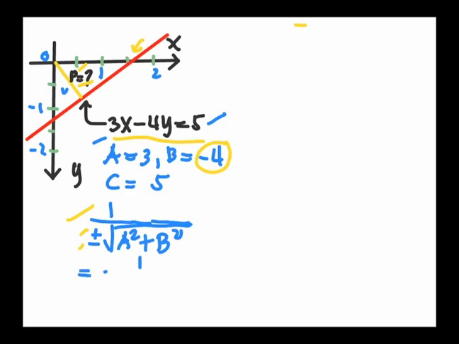So that, substituting the values of a and b, this will now be equal to 1 over negative of the square root of 3 squared plus negative 4 squared, right? But, well, 3 squared is 9 and negative 4 squared is 16. So 16 plus 9 is 25, the square root of which is 5. So therefore, this is now equal to negative 1/5.